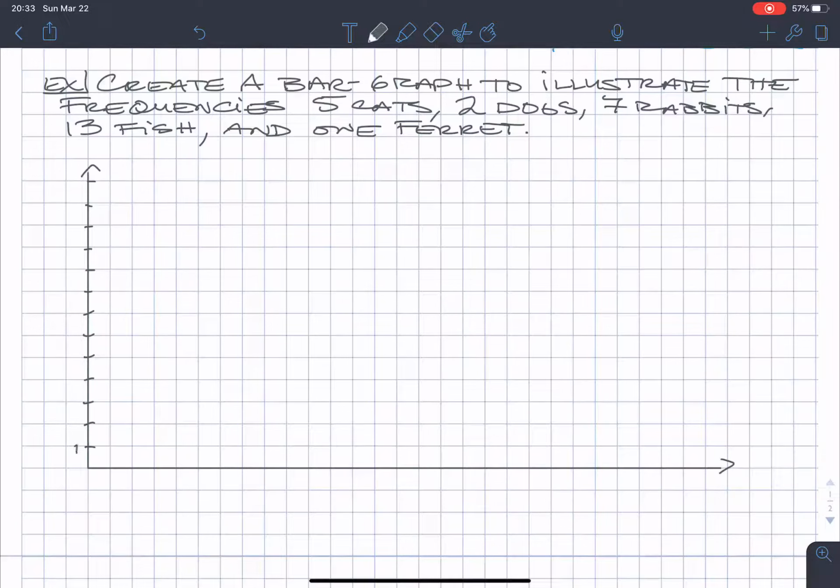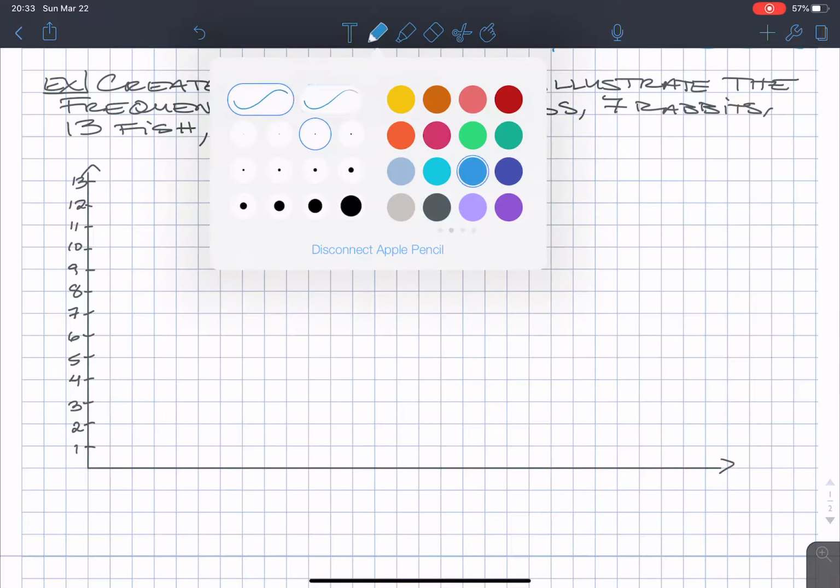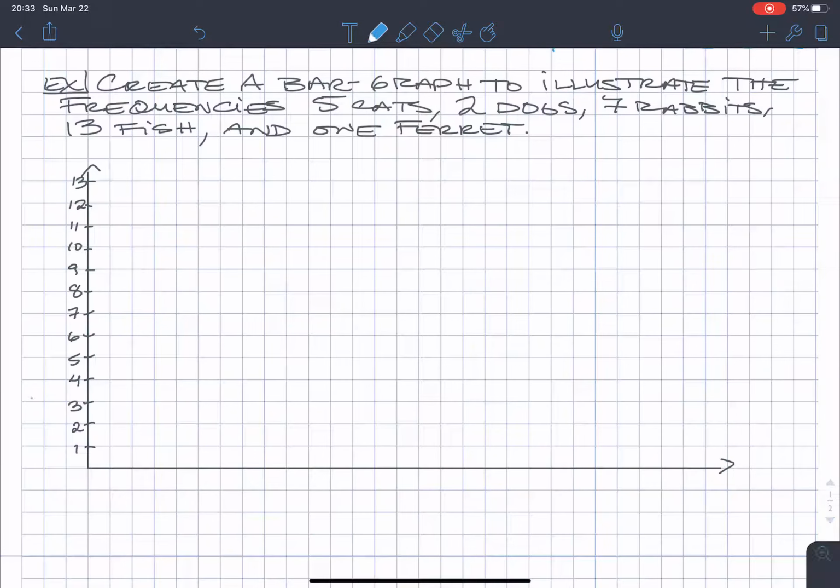Okay, so what do I know? I know that my vertical axis is frequencies. Now my horizontal axis is categories.